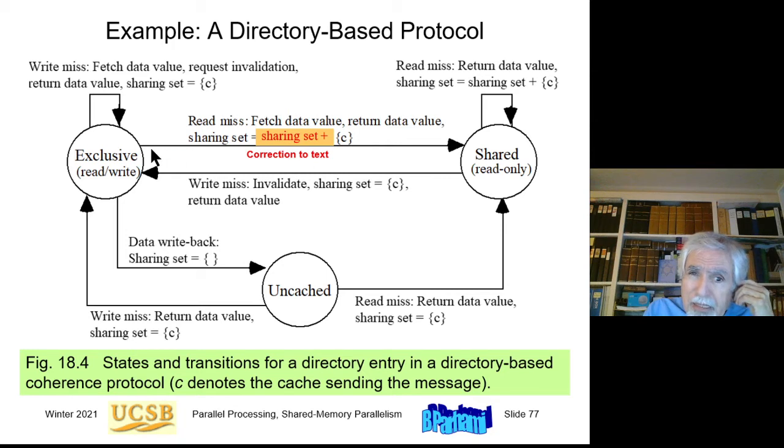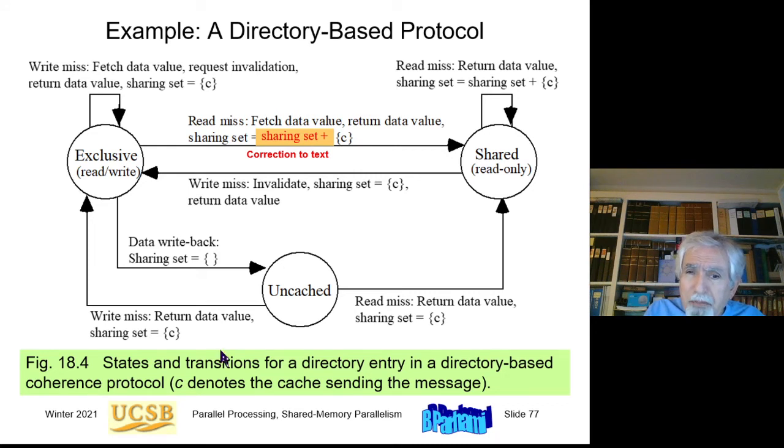And then again, the data has three possible states: exclusive (read-write), shared (read-only), and uncached. Uncached data is in main memory, but has no copies in any of the caches.